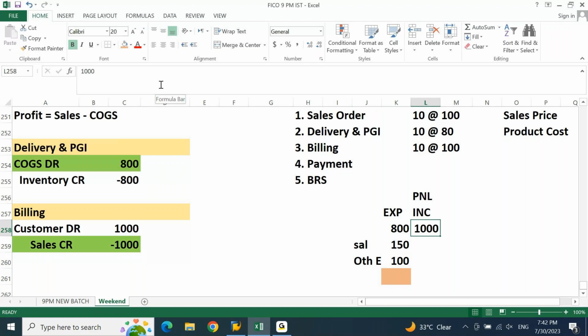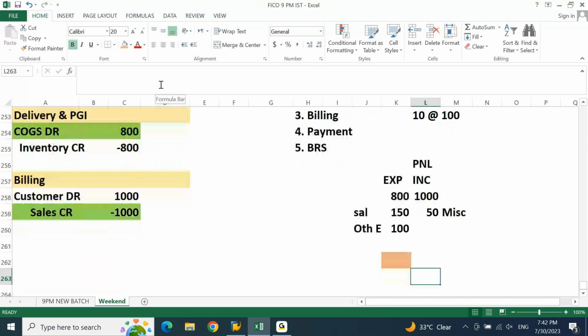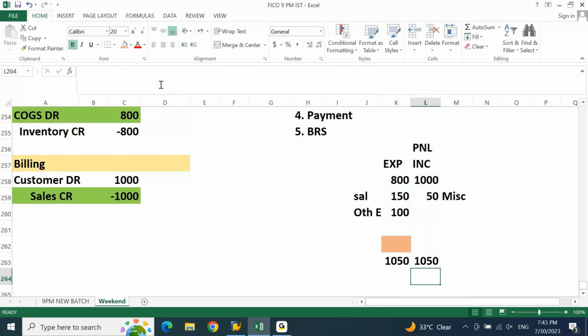On the income side, let's say I have written 50 as miscellaneous income. Now, if I do a total, it is getting 1050. Is there any profit or loss? No. There is no profit, there is no loss.